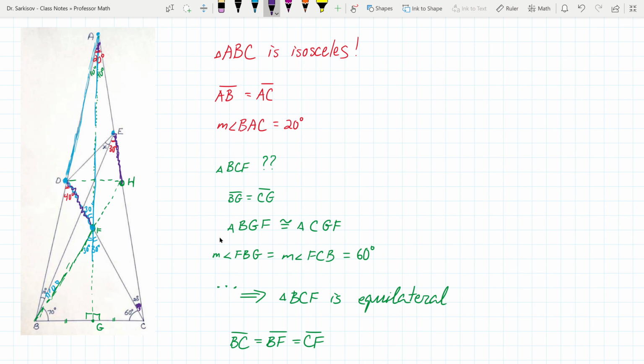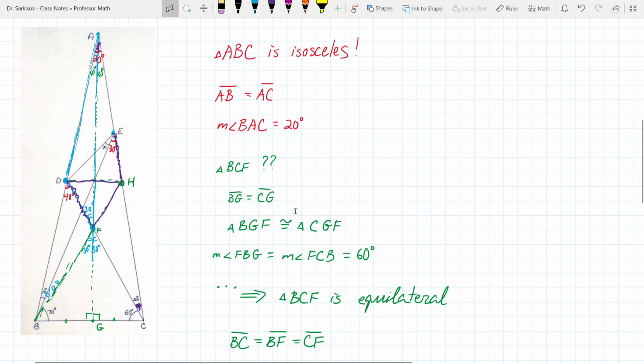Okay, what else can I get out of that? Let's see. Look at DF, and you see this is DF. Well, look, this is an equilateral triangle, DHF. It's similar to the triangle below it, the one that we knew, BCF.